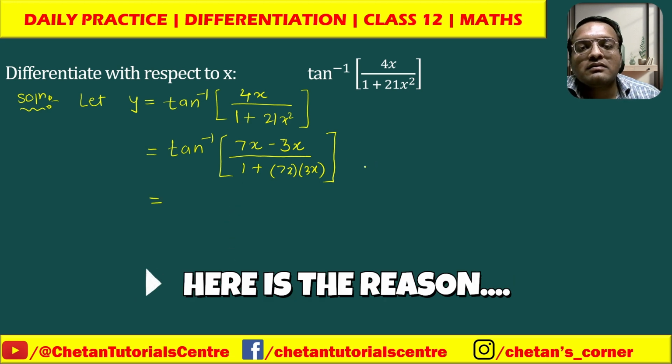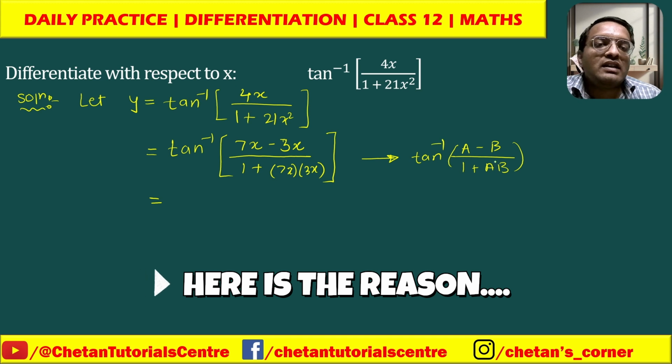Now I have the formula: tan inverse of (a minus b) upon (1 plus ab) is equal to tan inverse of a minus tan inverse of b.